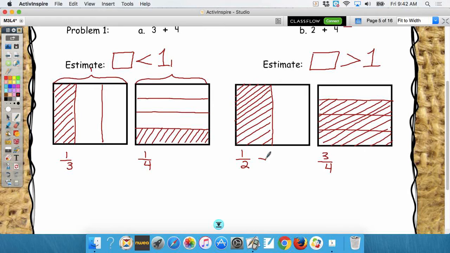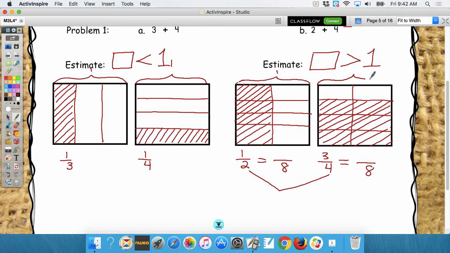So, what will your new common denominator be? 8. I always forget my 1 whole, don't I?